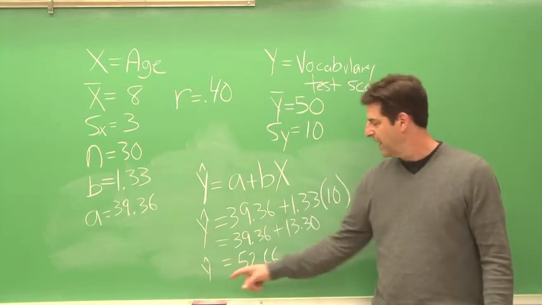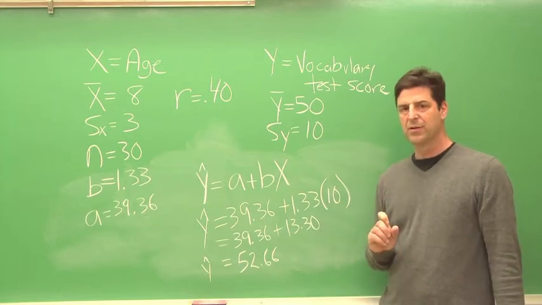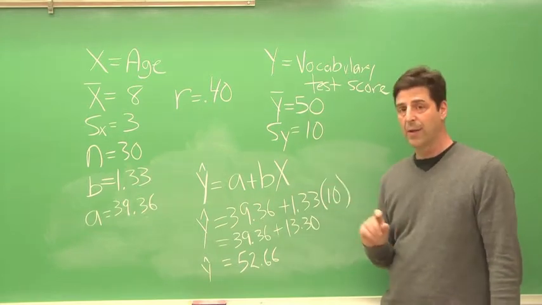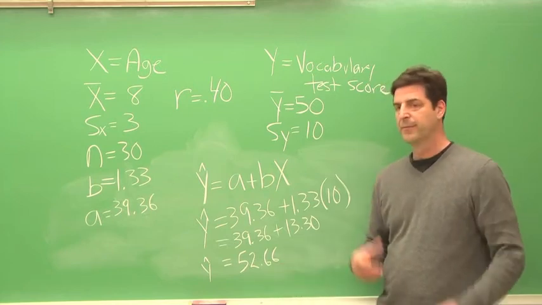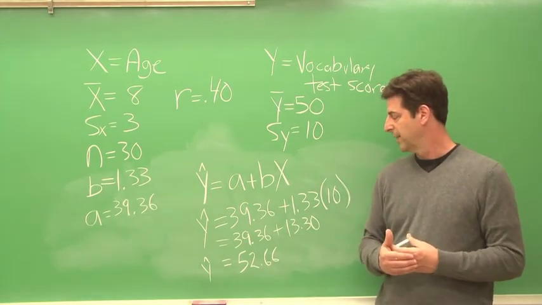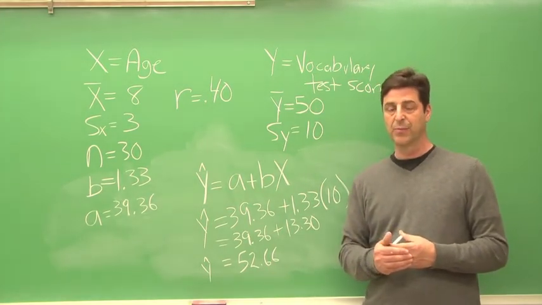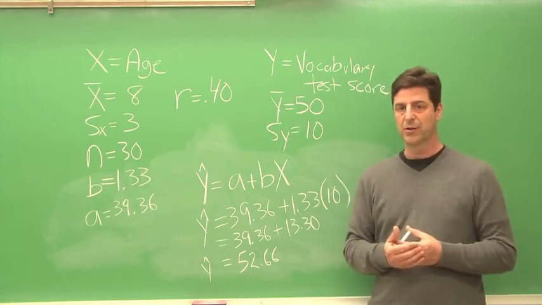So the predicted value of a kid who is 10 years old on the vocabulary test is 52.66. A 10-year-old would be predicted to have a score on the vocabulary test of 52.66. That's how you find predicted values of y using regression.